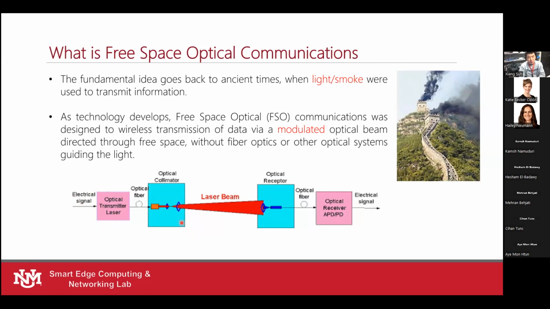The modulated signal is transmitted to the collimator lens, which is used to emit the optical signal into the air. At the receiver side, the optical signal is first received by the optical collimator lens, and then demodulated by the optical receiver to obtain the electrical signal. A very simple schematic diagram here.